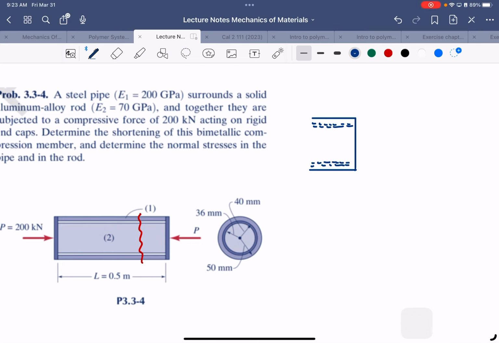This is the rod, the pipe, and we have P from here.